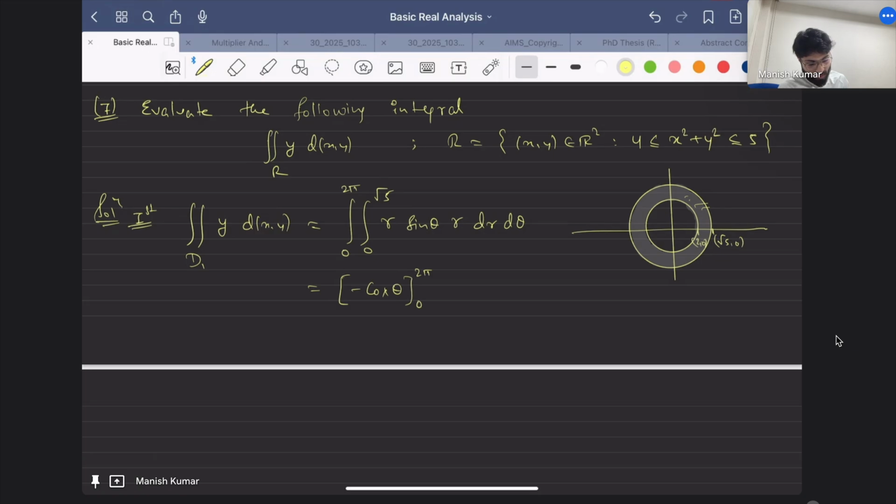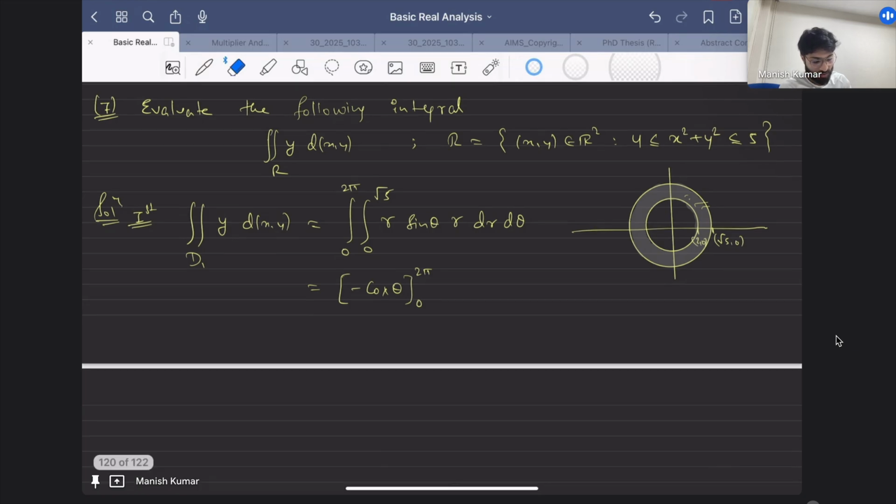Cos 2 pi is, oh sorry, plus 1, so it will be 0. It's a periodic function, so it's always going to be 0.